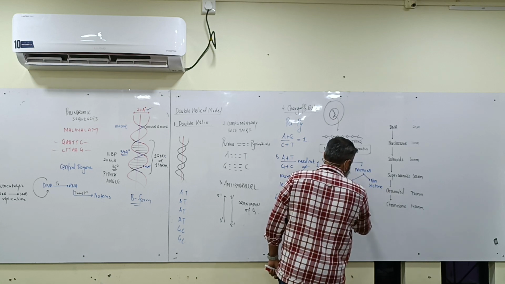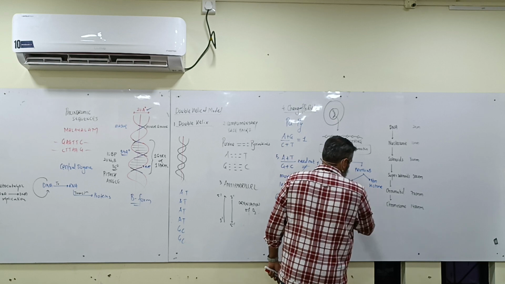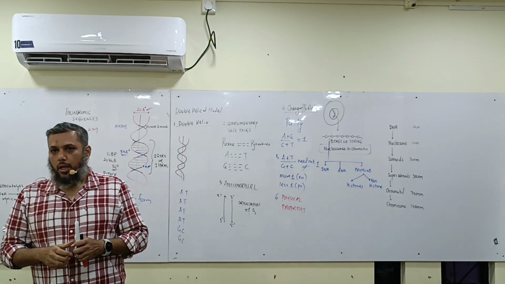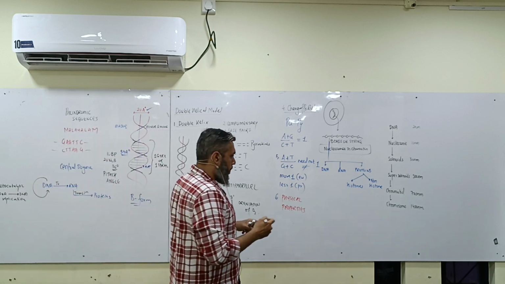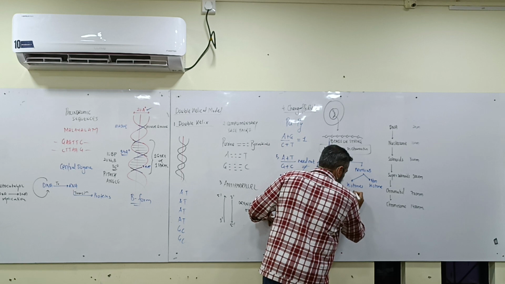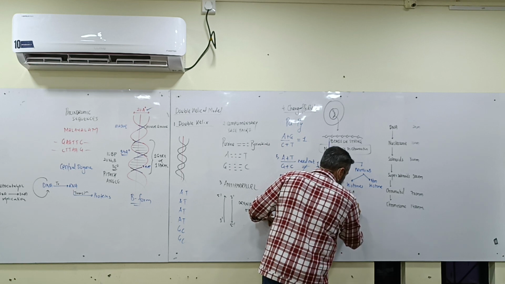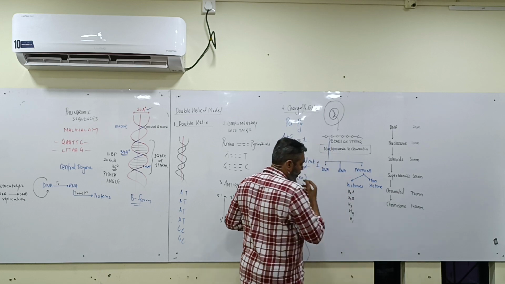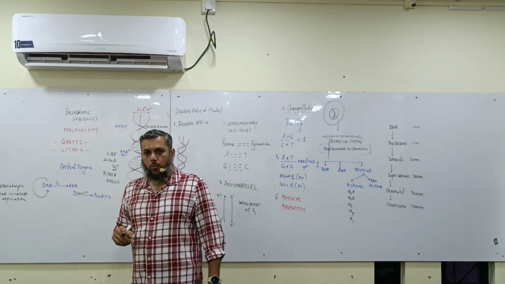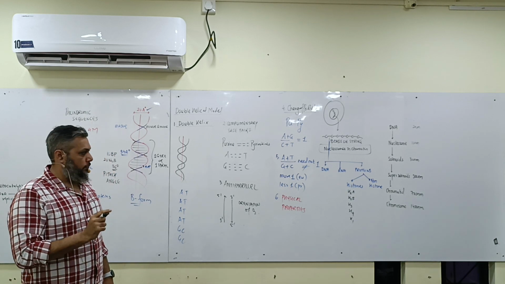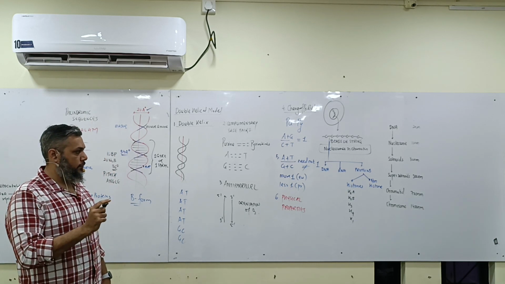Non-histone and histones. Correct? And the histone proteins are of five types: H2A, H2B, H3, H4, and H1. What are the five types of histone proteins? H2A, H2B, H3, H4, H1.